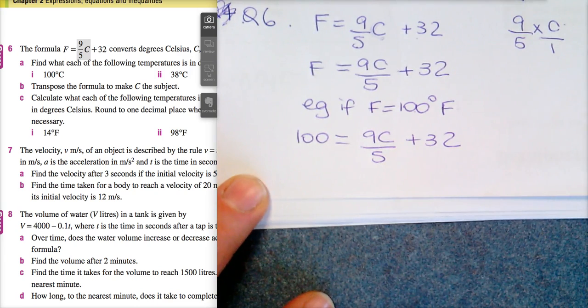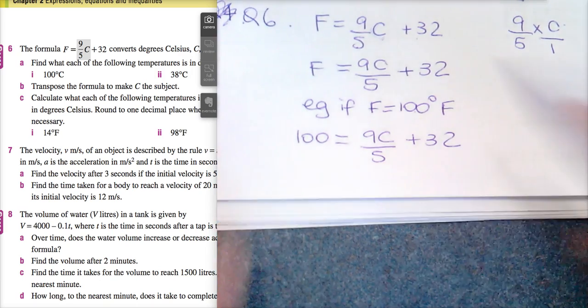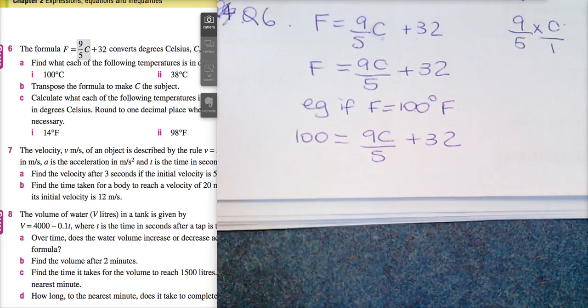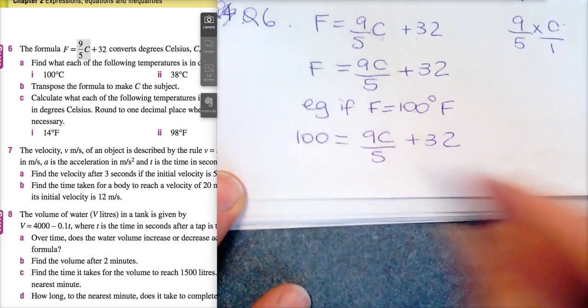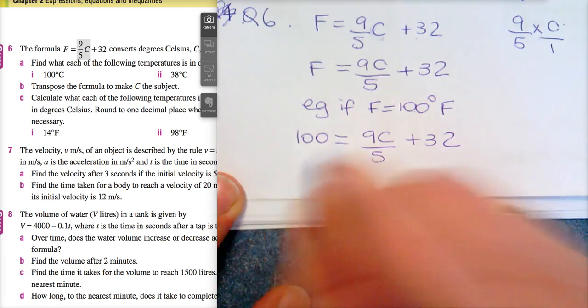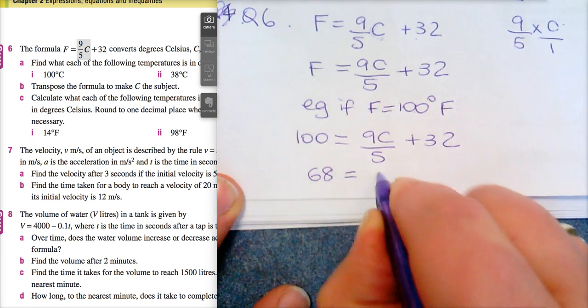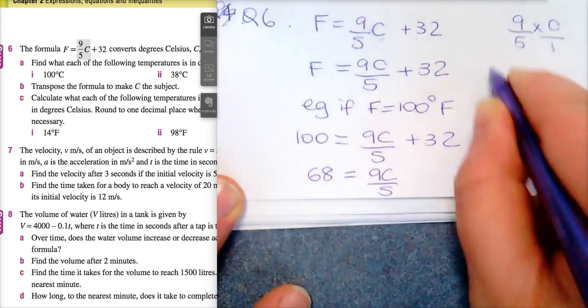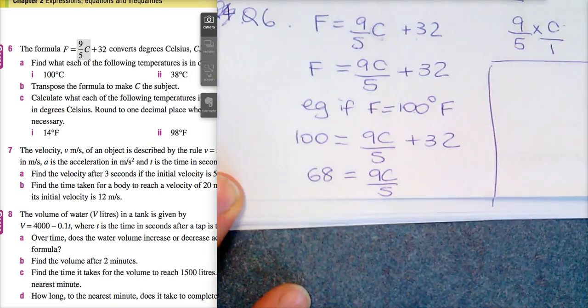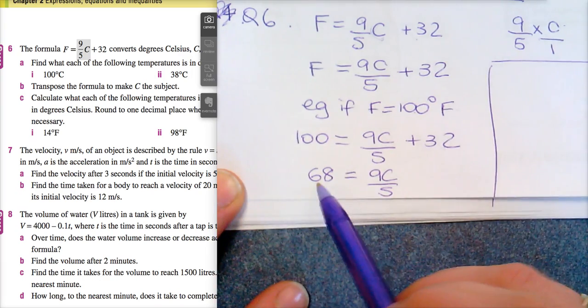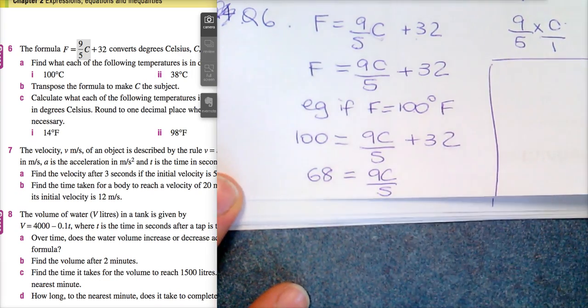Okay, how do we solve? Where is that number on its own? The number on its own is 32. So what do we do, girls? Minus 32. What's 100 minus 32? 68. Do I need to write minus 32 or are you okay, girls? 100 minus 32 is 68 equals 9C over 5.